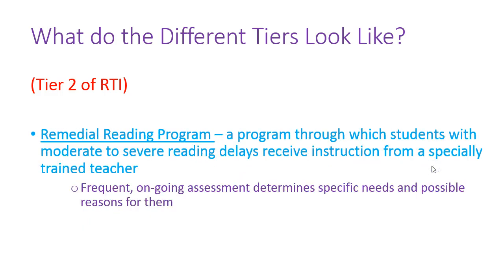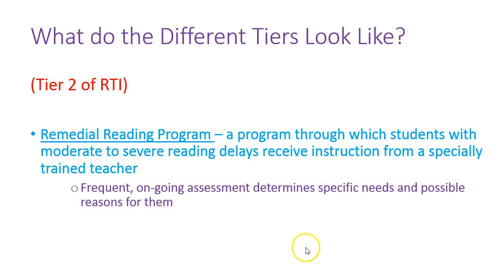Okay. Now a Tier 2 becomes a little bit more intensive, and this is where a child receives a remedial reading program. Generally, they're administered through either a push-in or a pull-out program, more likely a pull-out, where the child will be removed from other instruction for a time during the day or a couple times a week. They'll receive an intervention program delivered by a highly qualified, specially trained teacher.